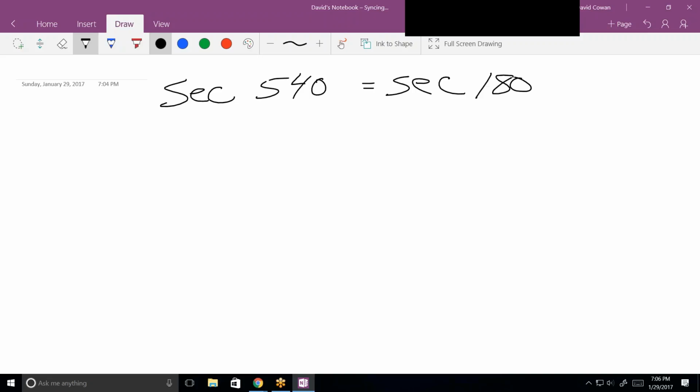Now, that is 1 over, what's the reciprocal of secant? 1 over x. Well, the reciprocal of the secant function is cosine. Right. In other words, the secant of 180 is the same as 1 over the cosine of 180.